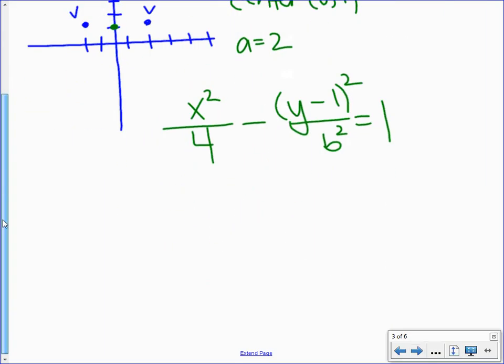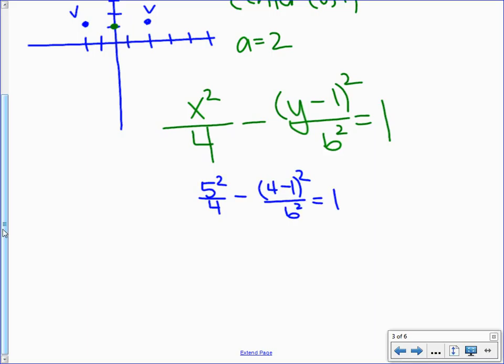Our point was (5, 4), so we can plug 5 in for x and 4 in for y. So we have 25/4 minus 9 over b squared equals 1.